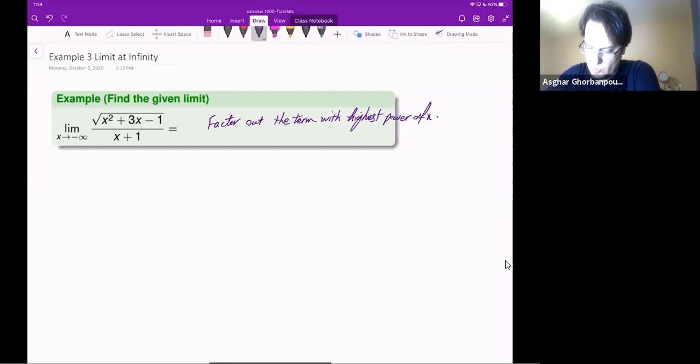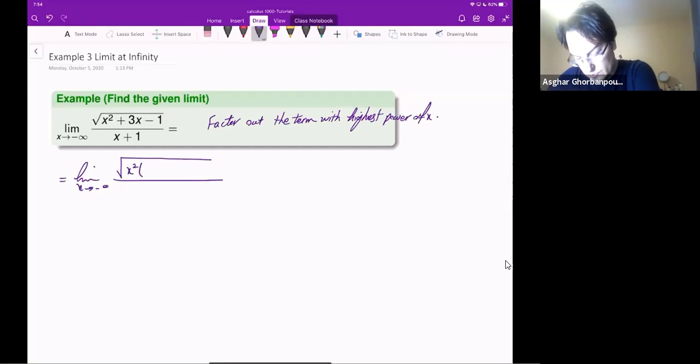In the numerator, I can factor out x squared under the root, which gives x squared over x squared plus 3x over x squared minus 1 over x squared. In the denominator, the highest power is x, so it will be x times 1 plus 1 over x.